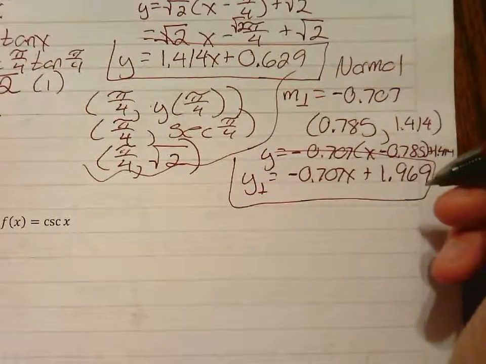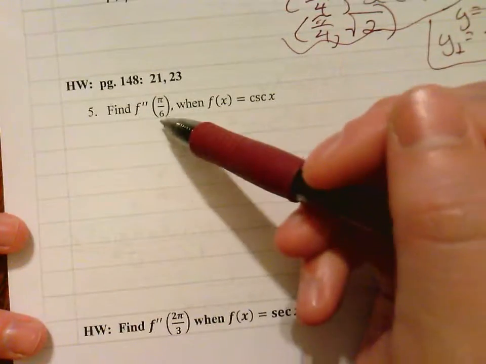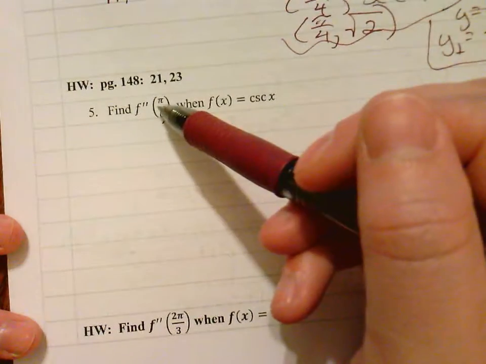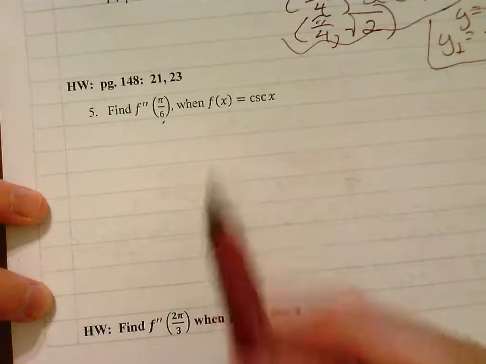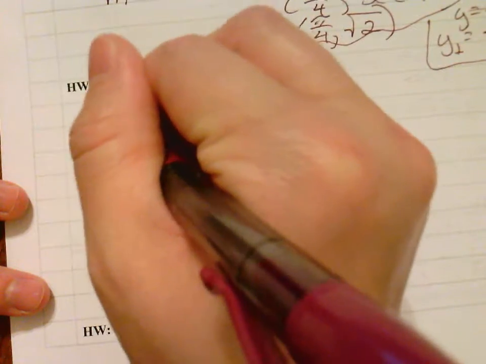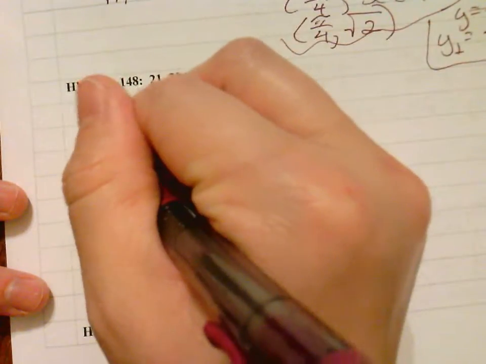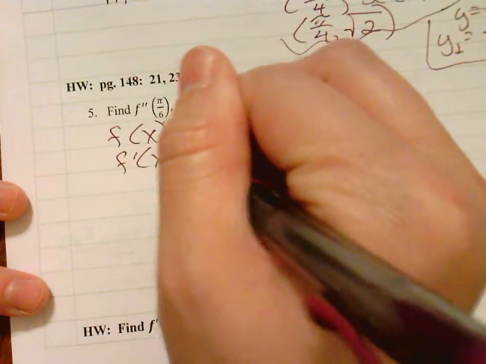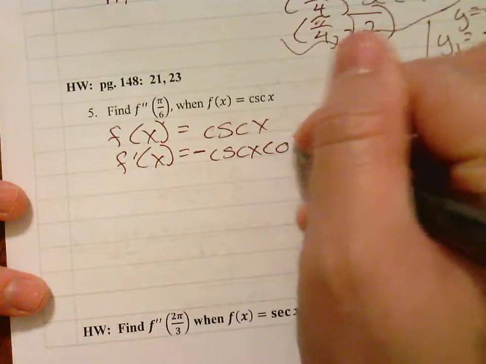Okay, last one. Okay, we're going to find the second derivative of this function at pi over 6. Don't forget that homework is going to be attached to this one right here. So we have f of x is cosecant of x. F prime of x is going to be negative cosecant x cotangent x.